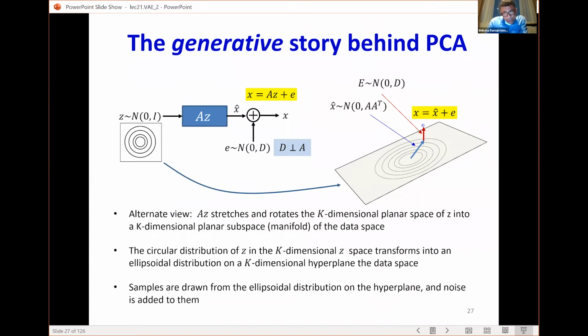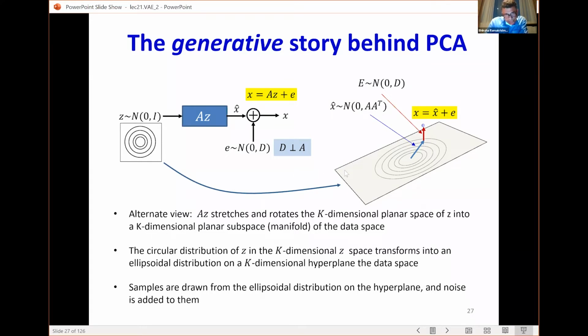You can think of it this way: the decoder, which projects data points into the principal subspace, is this linear transformation A times Z, which takes this k-dimensional, nicely circular Gaussian distribution and distorts it into an elliptical distribution, where the different components may be correlated with one another, on a k-dimensional subspace of the full dimensional space.